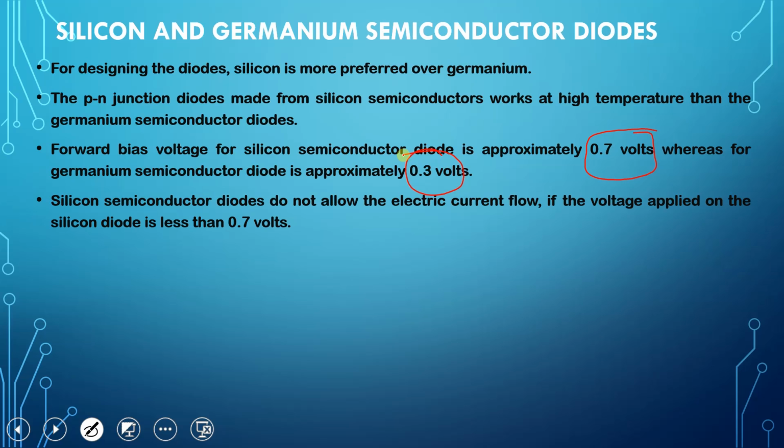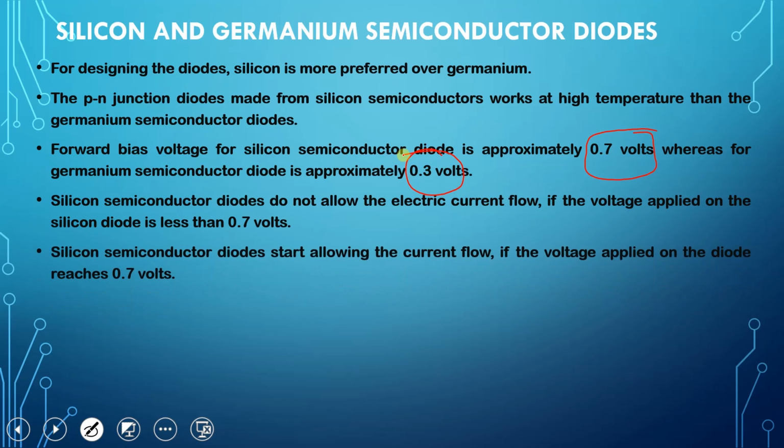Means the external battery which we are applying for the forward biasing should be greater than 0.7 volt. Silicon semiconductor diode starts allowing the current if the voltage applied on the diode reaches 0.7 volt.